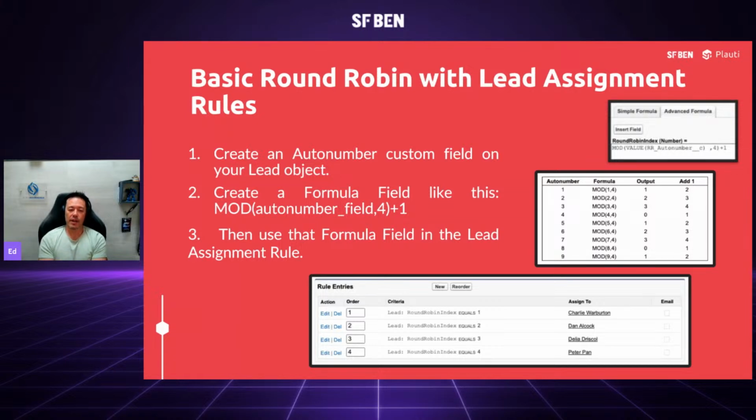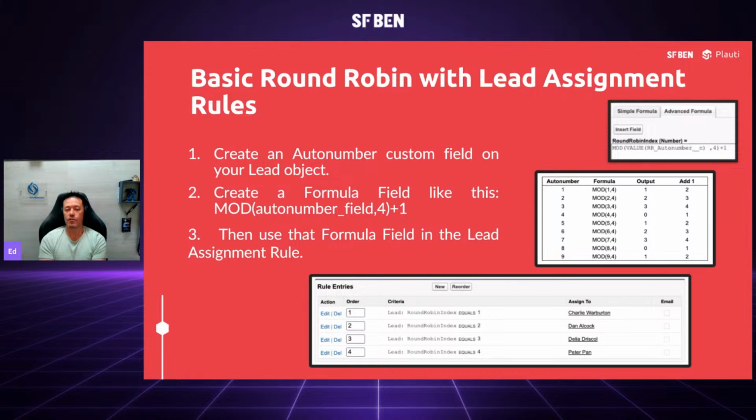And this is great, but the issues you can probably start to imagine with this are that if one of these people is on vacation or something, then an administrator has to come in and change the lead assignment rule. And if the number of people in the team changes, then we have to go in and edit this as well.